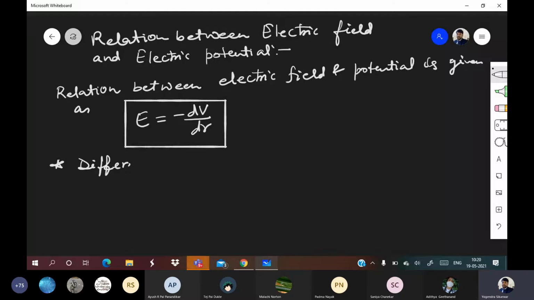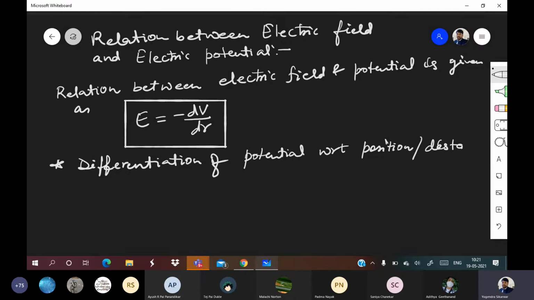So differentiation of potential with respect to position or distance gives electric field.